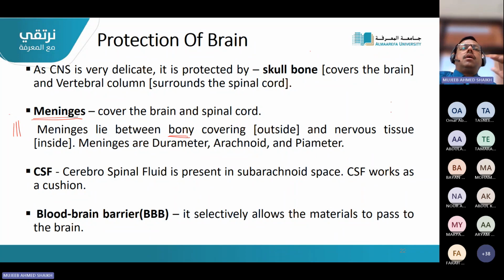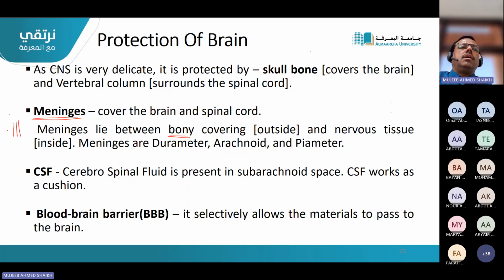Outside it is bone, and inside it is the brain or the spinal cord. In between there are layers. These layers are known as the meninges, and they are classified.